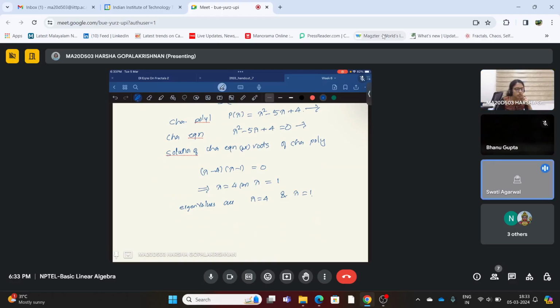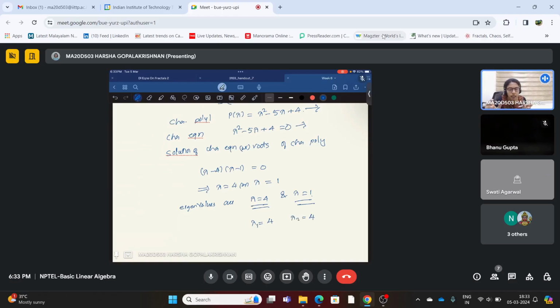Actually, we can say from this point itself, because I got two distinct eigenvalues. Suppose after this solution I got lambda 1 equal to 4, lambda 2 equal to 4. Both are same. At this point, I cannot say anything.